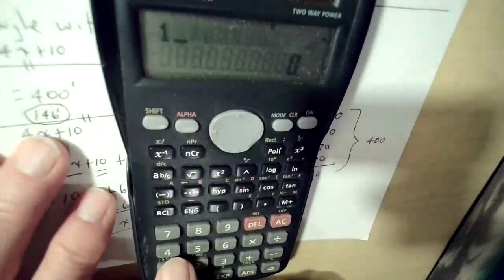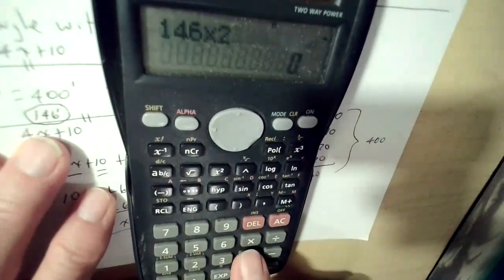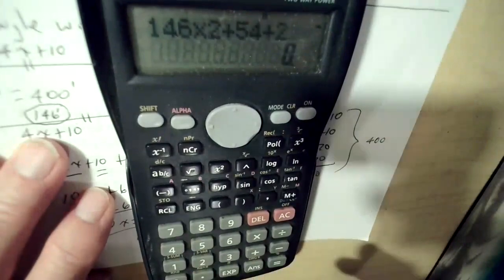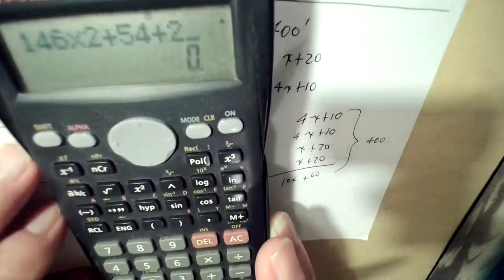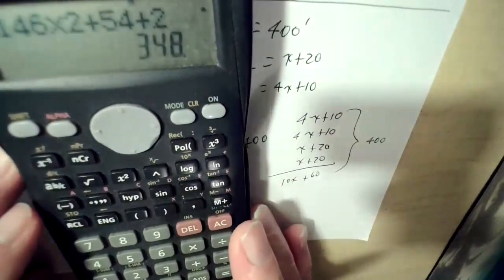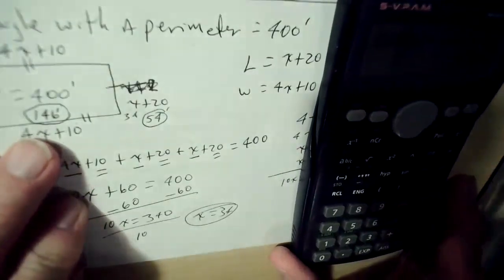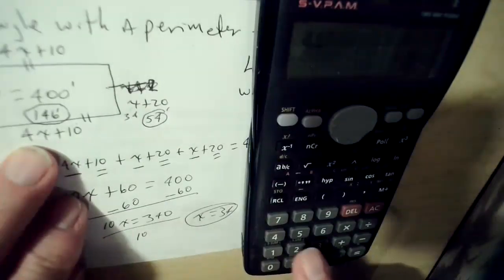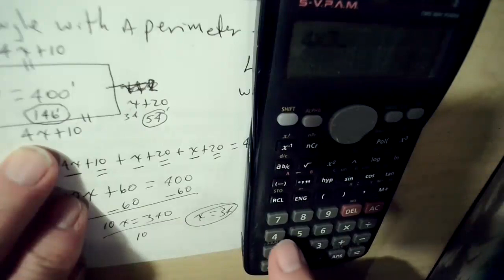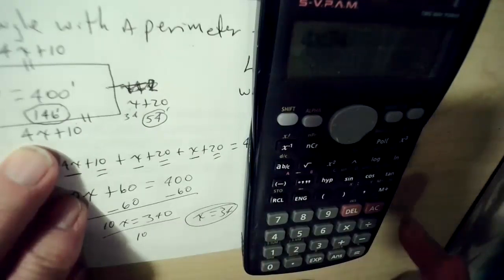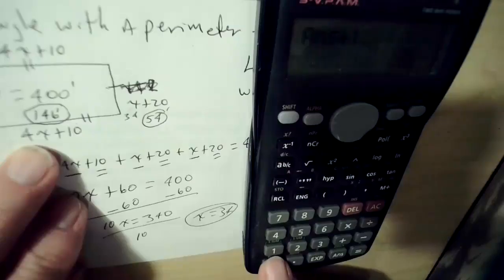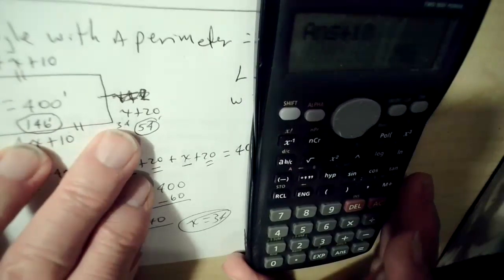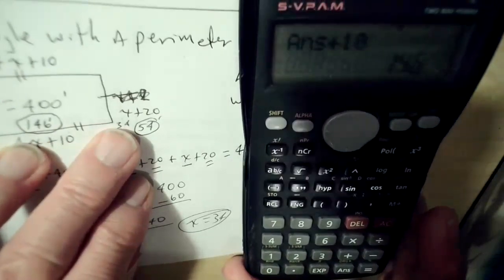Now, the acid test here is to add up all the sides. 146 times 2 plus 54 times 2. When you put them in the calculator like this, it does order of operations for you. 348. What have I done wrong? 4 times 34 plus 10 is 146, that's right.